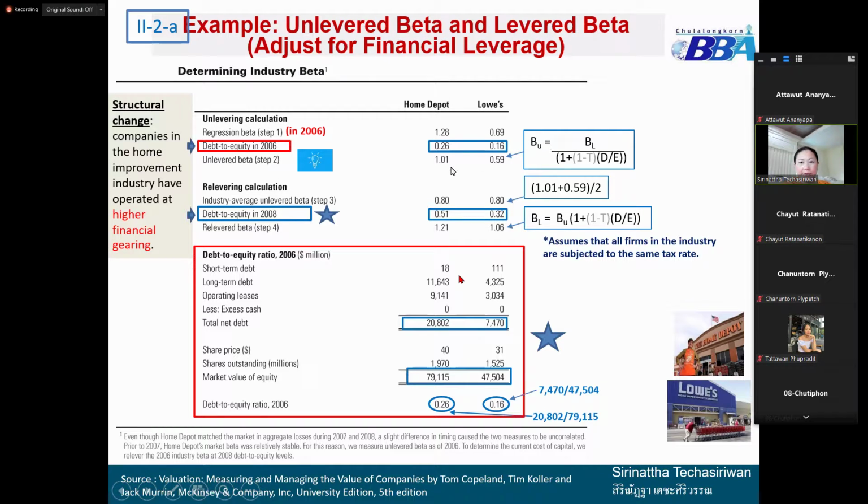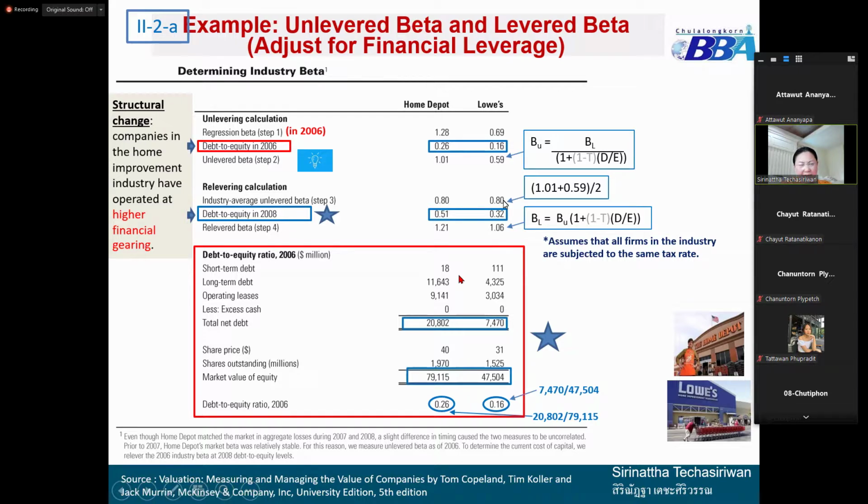In this example, they average the values to come up with an industry average unlevered beta. As a practitioner, I might not choose to use the average value. For example, if I want to analyze Home Depot, I would use this number and re-lever it to this debt ratio.